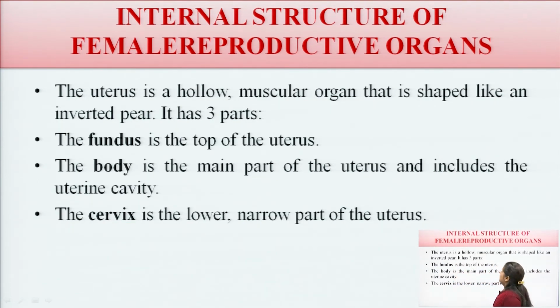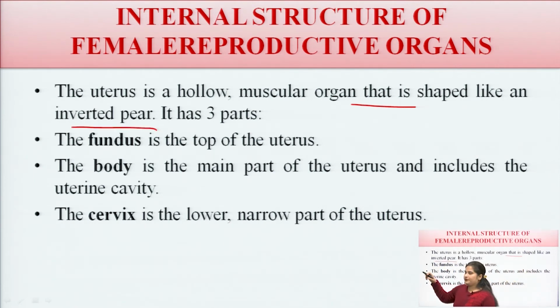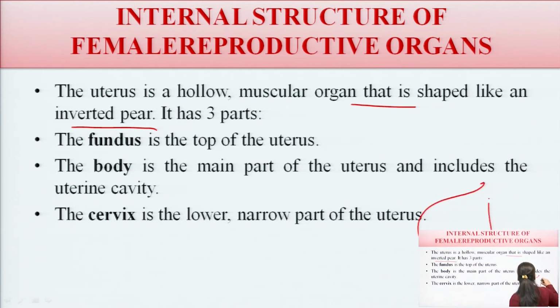Next, the uterus is a hollow muscular organ shaped like an inverted pear, just a pear shape, but opposite.